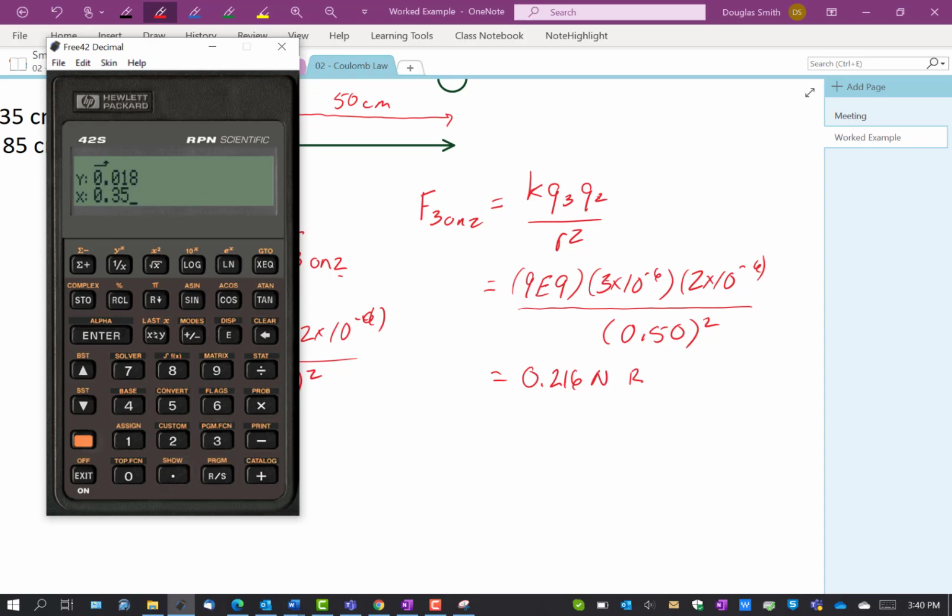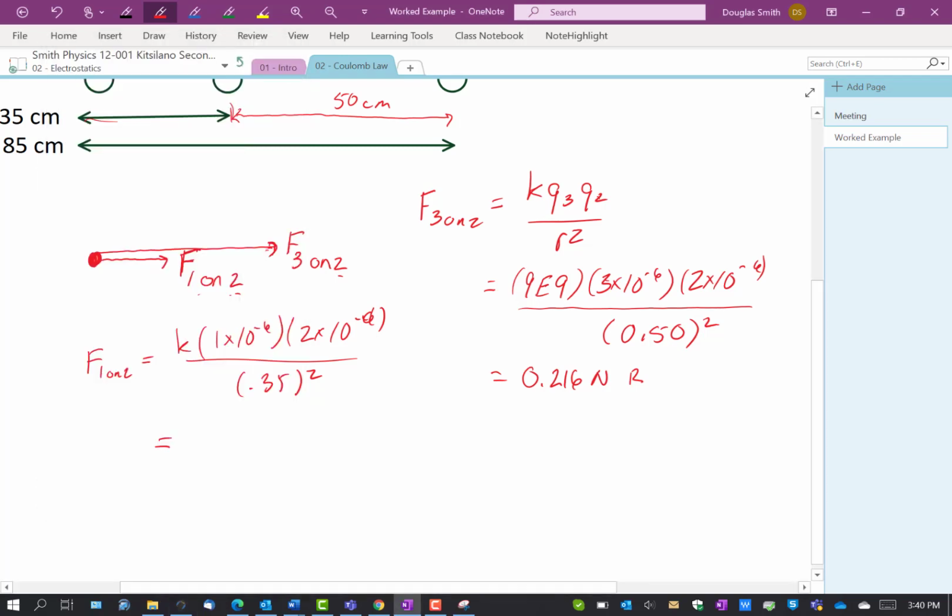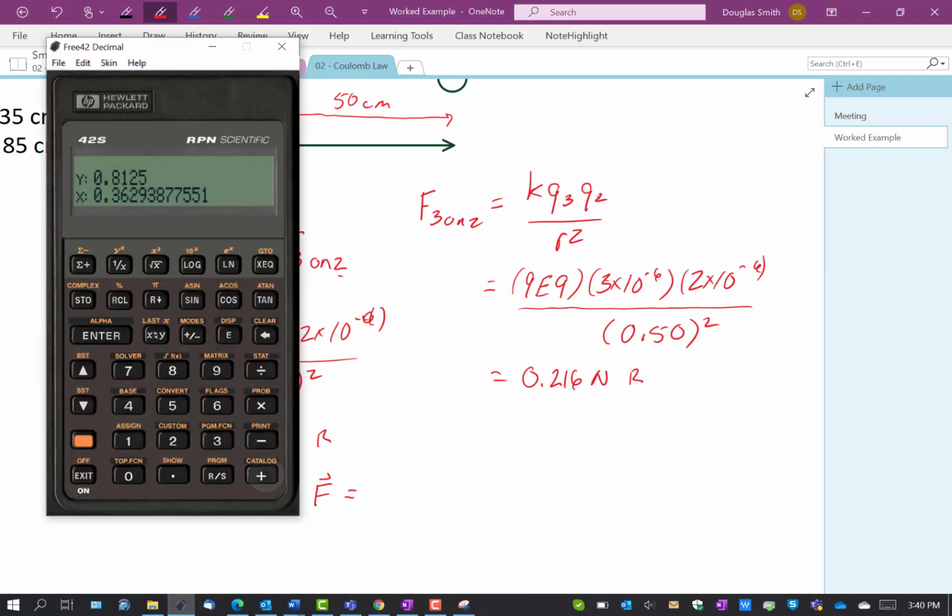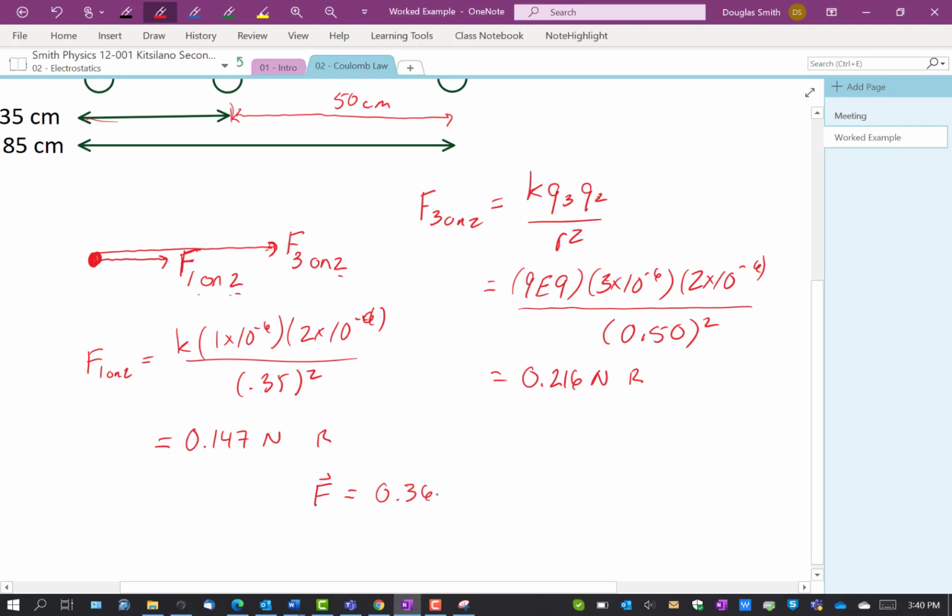I get 0.147. That's to the right. So then the final net force is when we add those together. I just add them together and I get 0.363. That's it.